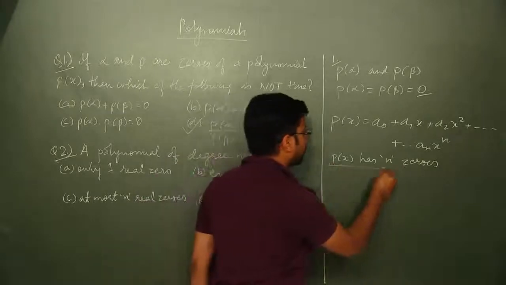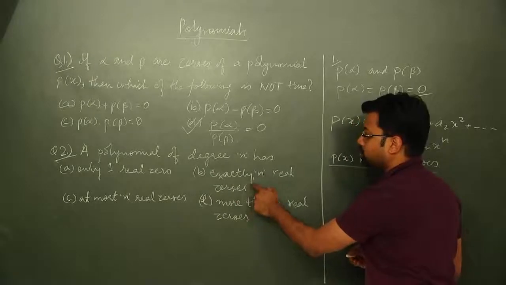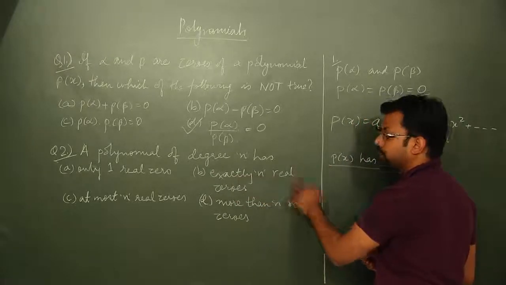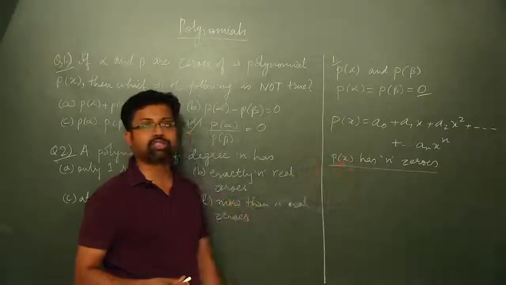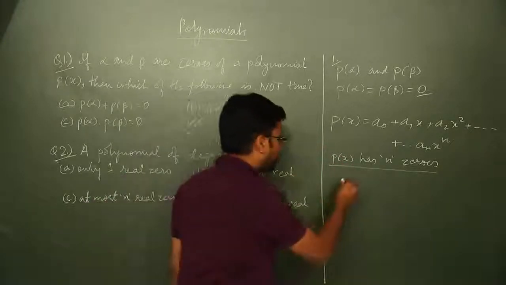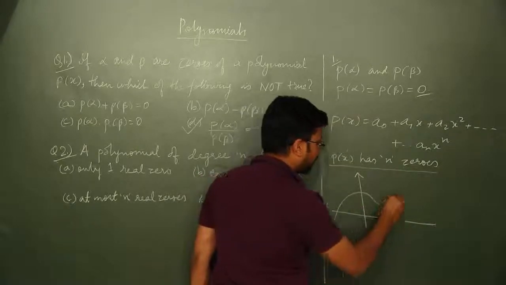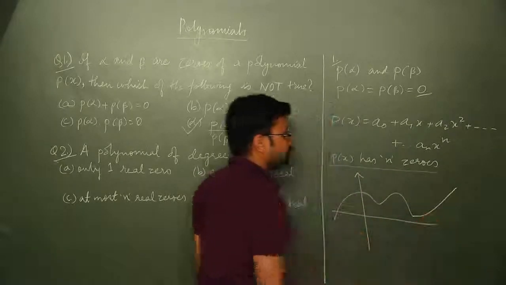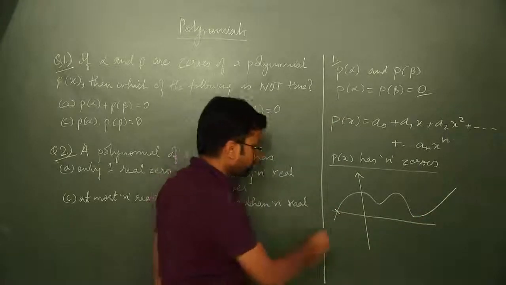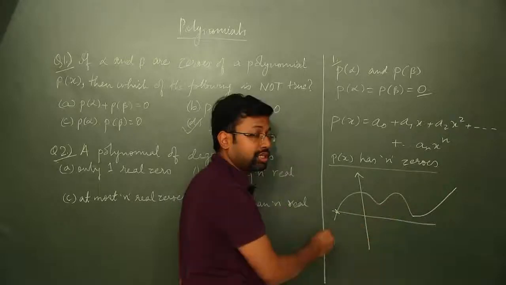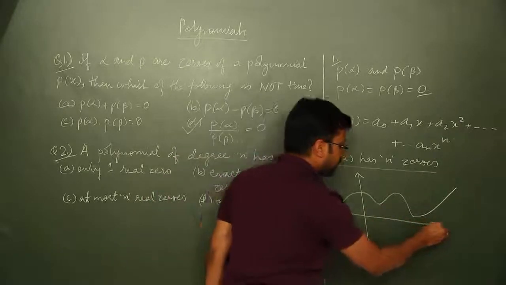This statement would have been correct, but it's not saying exactly n zeros, it's saying exactly n real zeros. A polynomial may or may not have all of its zeros as real numbers. If you remember the graph that we draw, using graph we find out how many zeros of a polynomial are there. We see that only the real polynomials are plotted on the graph because it is a real number line.